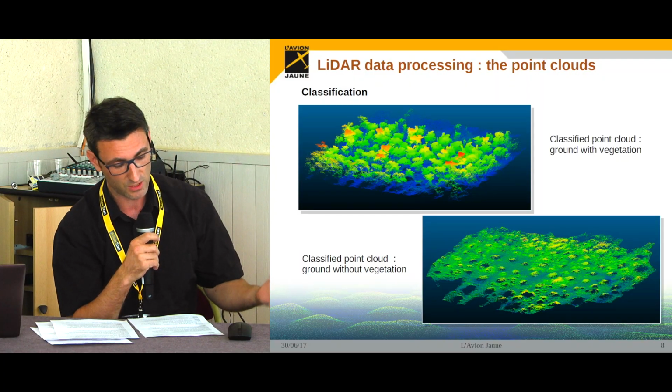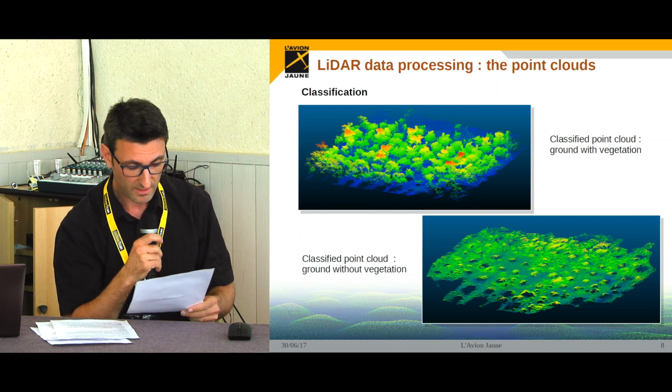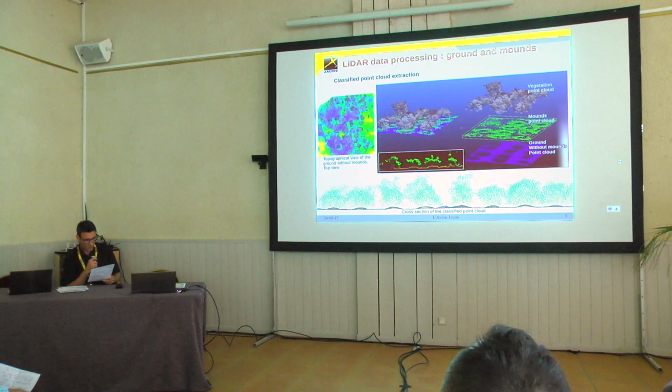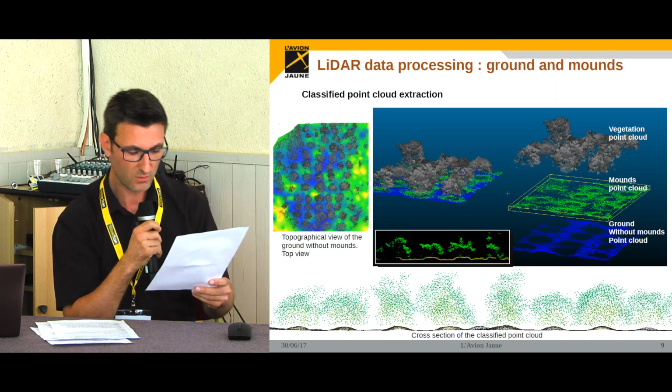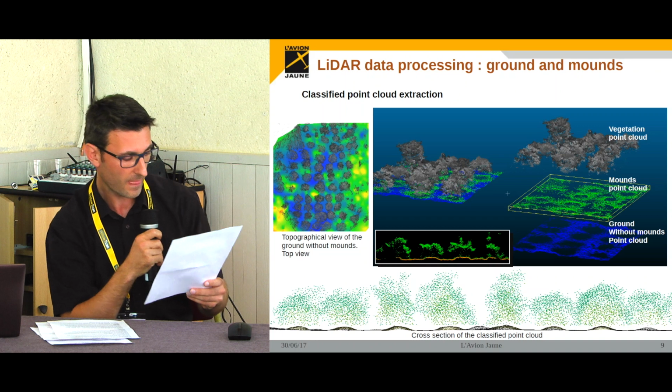Those point clouds are classified to identify the ground points from vegetation points. We separate high vegetation, low vegetation, and the ground. And now we search for isolating the mounds from the ground. After completing this classification task, we isolate the mounds from the ground in order to obtain a mounds point cloud as well as a ground-without-mounds point cloud.